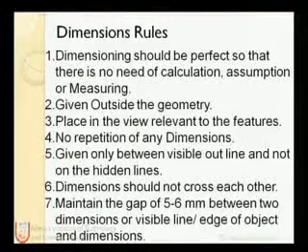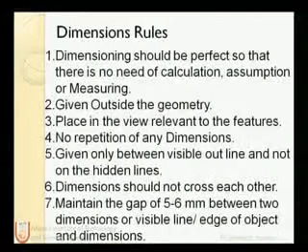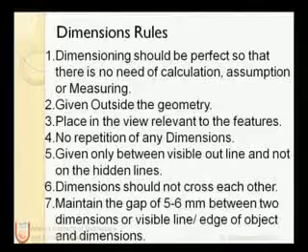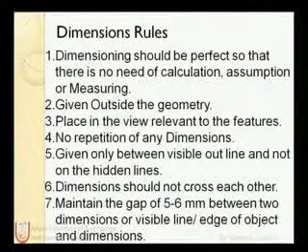So the first rule is it should be perfect. Dimension should be calculated and measured, and finalized dimension only should be written on the drawing, so that the interpreter or the production person should not calculate, assume or measure the dimensions.